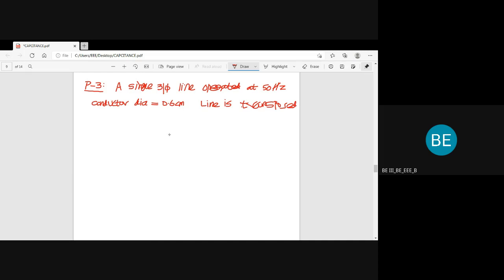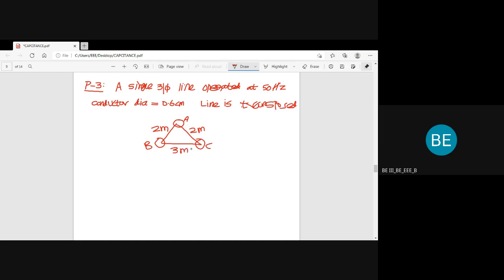So the conductor arrangement I will draw: conductor A, B and C. This will be 2 meter, this will be 2 meter and this will be 3 meter.